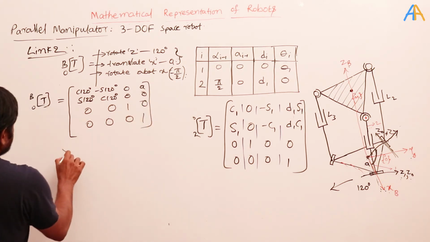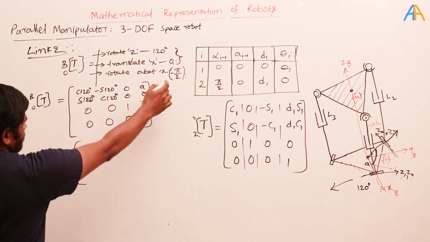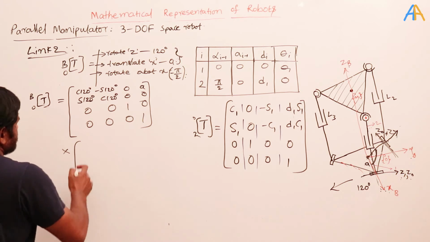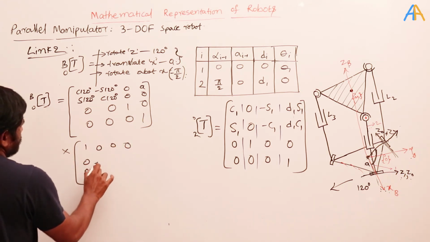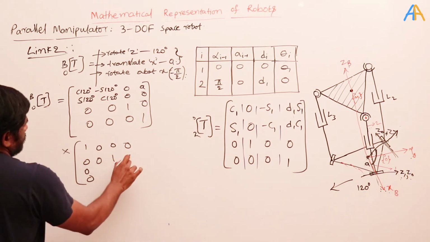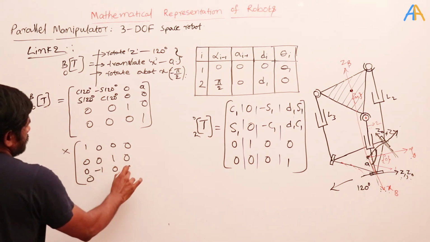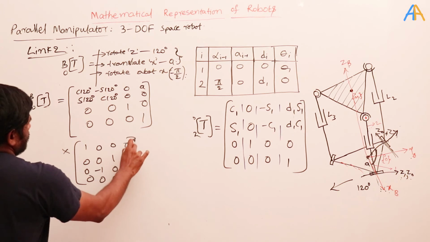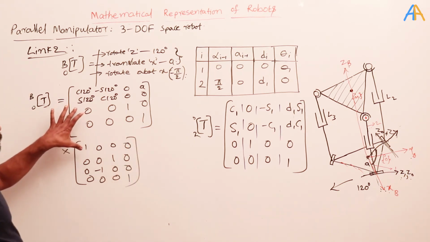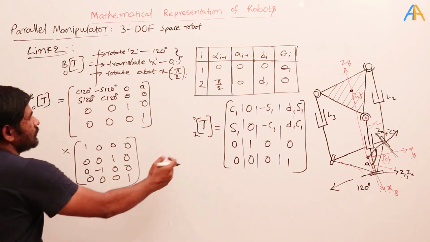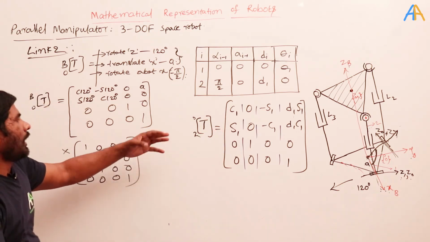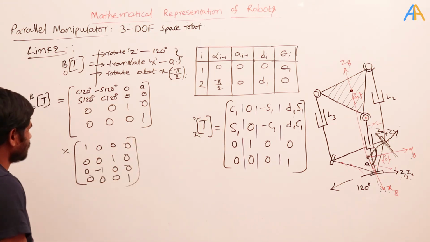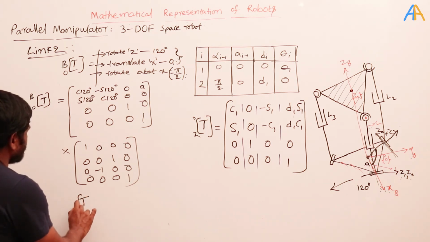Okay, and then you multiply this with another rotation about the x-axis, that is 1 0 0 0 0 0 0 here 1 0 minus 1 0 0 0 0 1. Okay, after multiplying these two, again you need to multiply with that. Okay, so the final answer, I will write down the final answer.